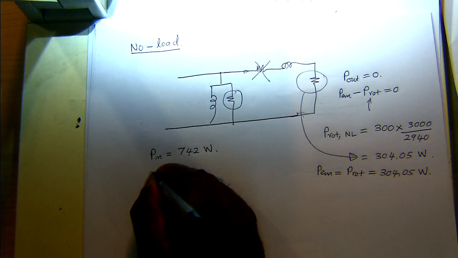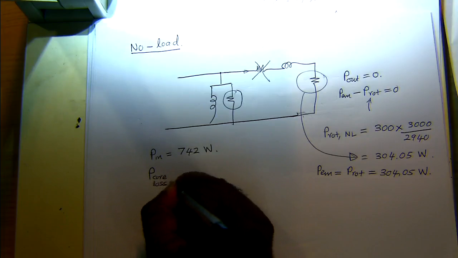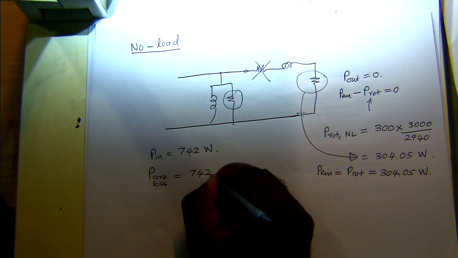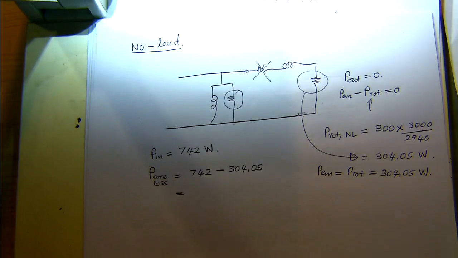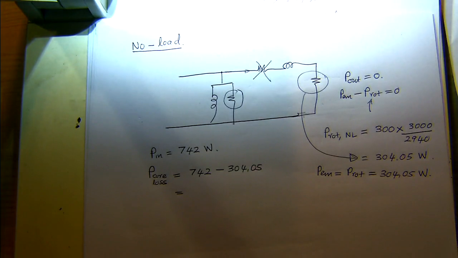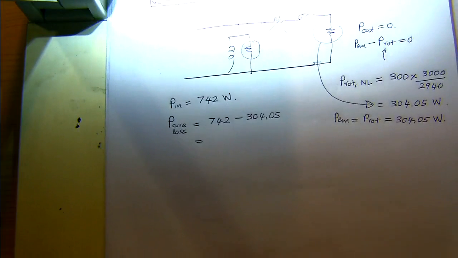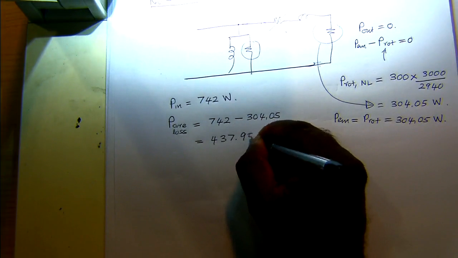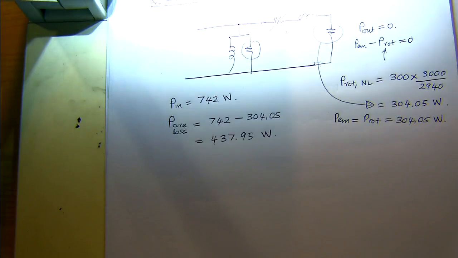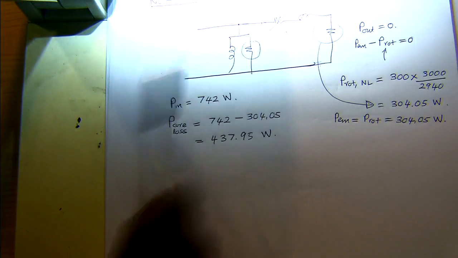So P core losses will be 742 minus 304.05, which is 437.95 watt. That's the core losses. That corresponds to this particular resistance here.